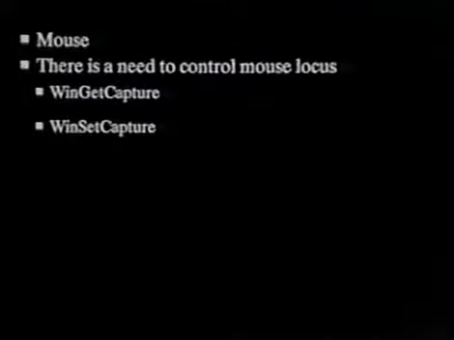That level of control is extended to the mouse. You can control mouse input by saying win get capture and set capture. This is confusing to some people. It's sometimes the first time you've ever heard the term capture, and that always refers to the mouse.